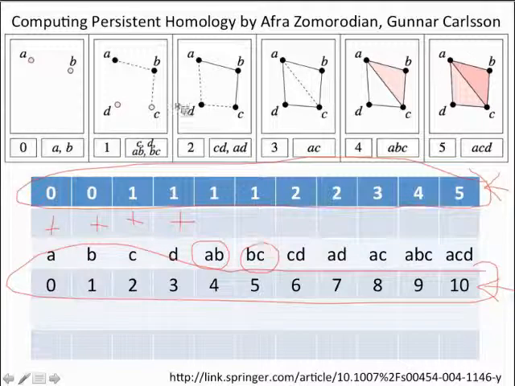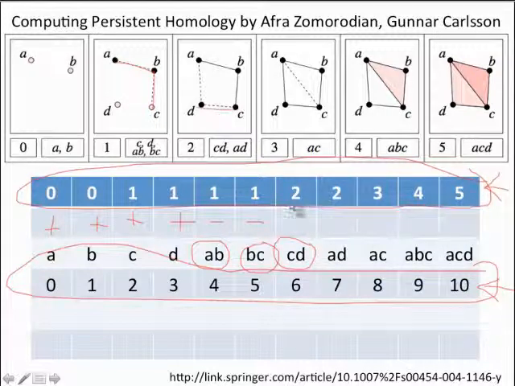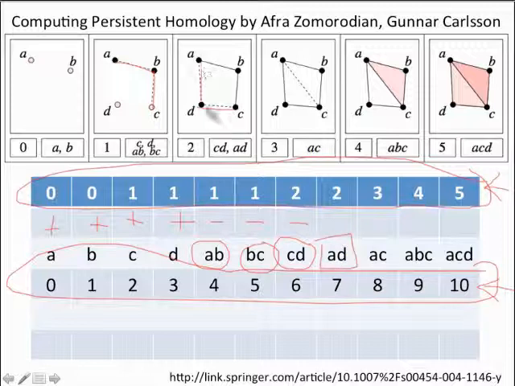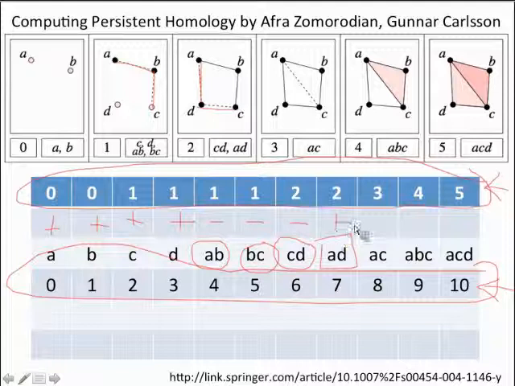So AB destroyed a component, BC destroyed another component, so these are both negative. CD came in and destroyed another component, so that's also negative. But now when I add in AD, I create a cycle, so that will be positive. Note I only have two choices in terms of this homology.